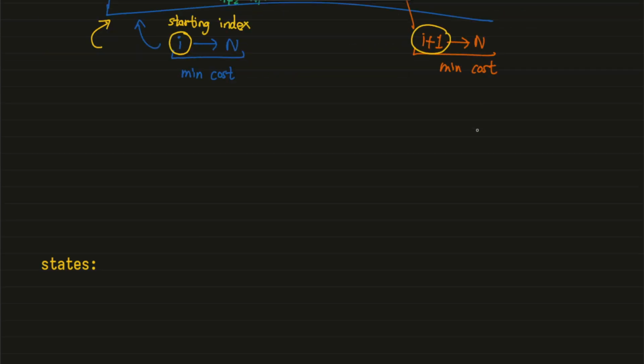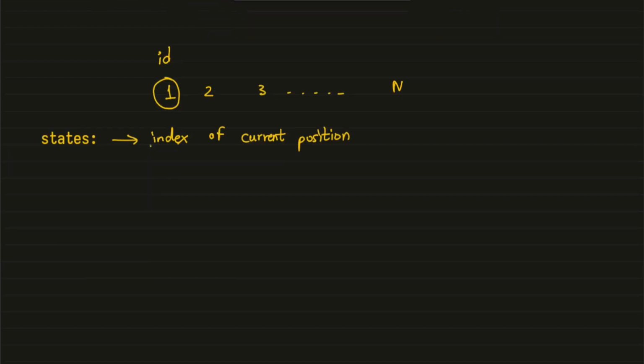So if we want to consider the answer to go from 1 to n, that means we should know what is the index that we are currently at, and that should be included in the state of the recurrence function that we are going to implement. So we must store what is the index of current position. This is the only state we need to store.